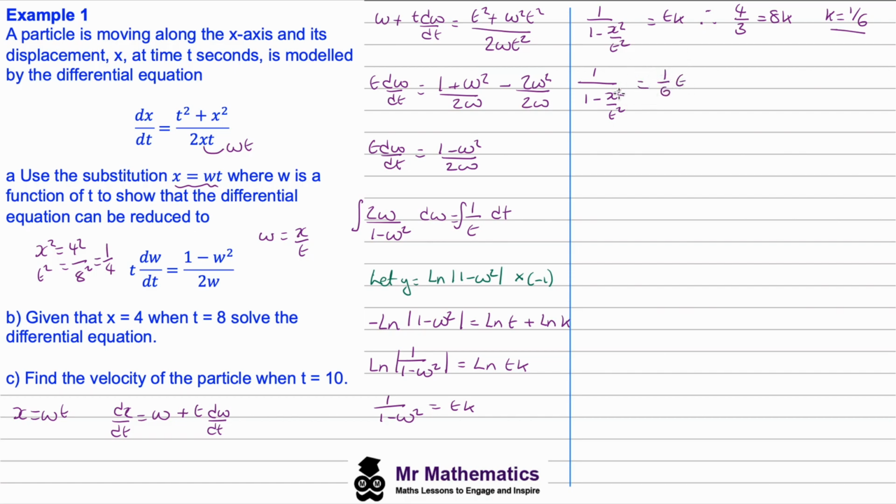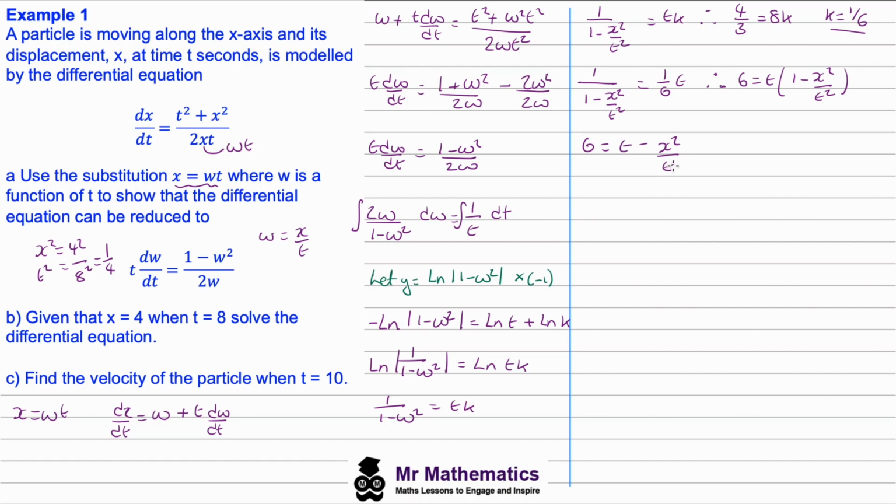I can simplify this by moving the division of 6 to the left-hand side and its denominator to the right-hand side. So therefore, 6 will equal t lots of 1 minus x squared over t squared. We'll multiply out the t with the brackets, so 6 will equal t minus x squared over t.